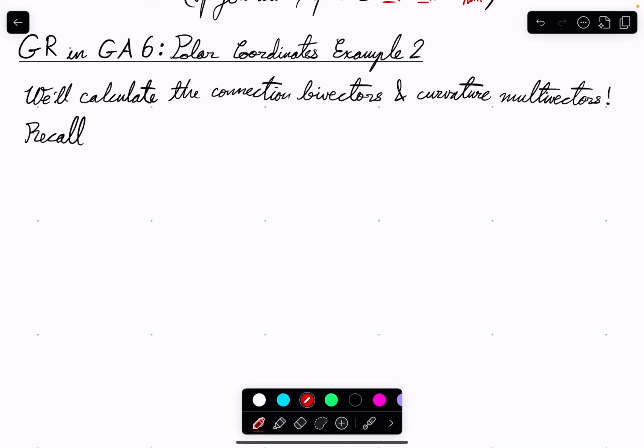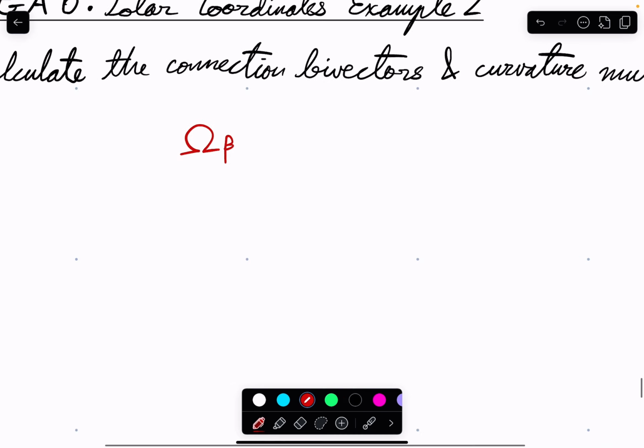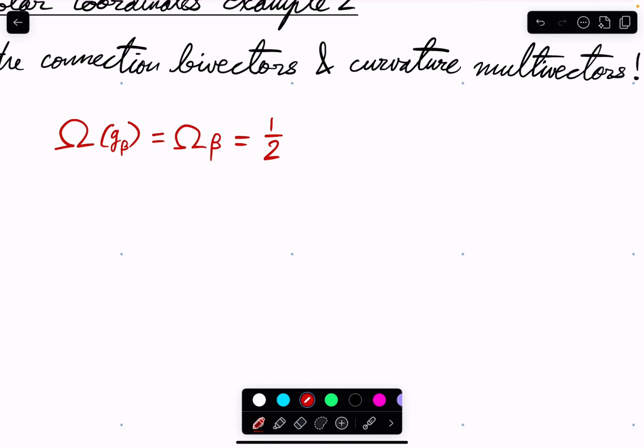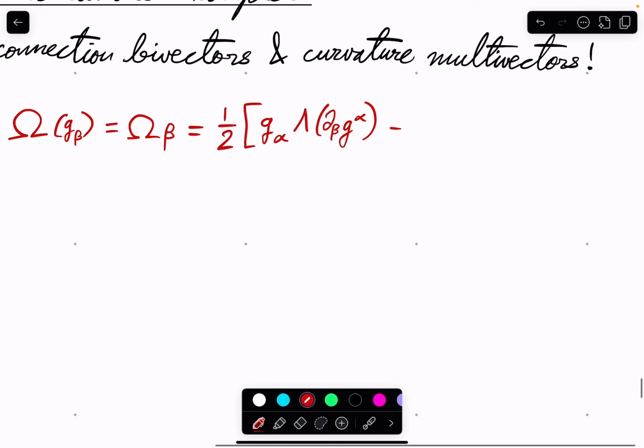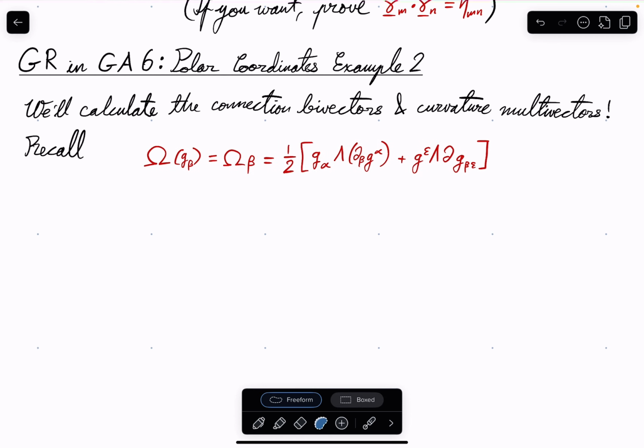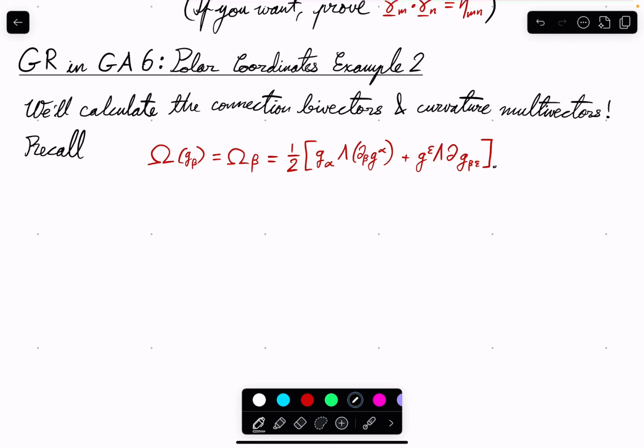Recall that the bivector with a beta index, which is defined as this, is equal to 1/2 (g^alpha wedge partial_beta g_alpha, plus g^epsilon wedge partial g_beta epsilon). So this is the formula for calculating the connection bivectors.